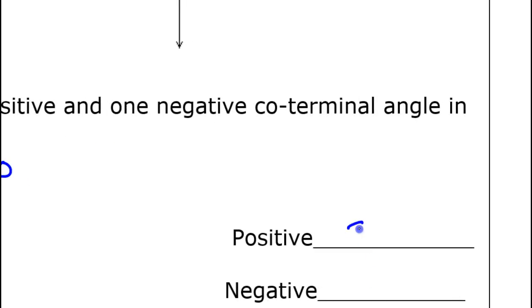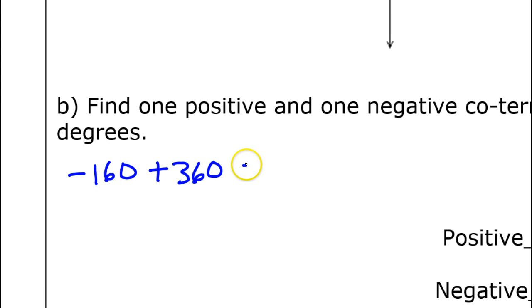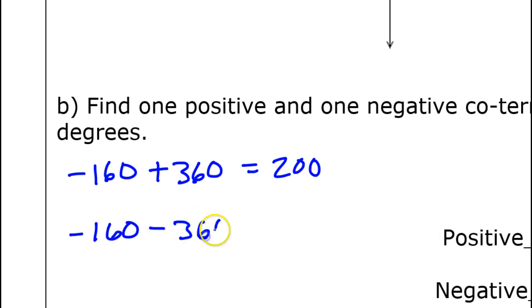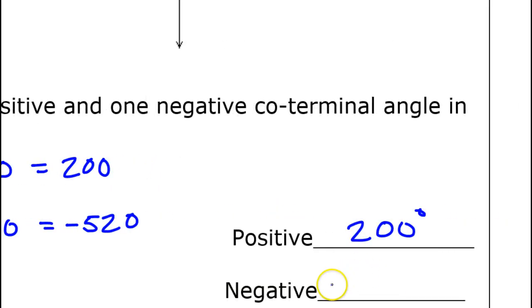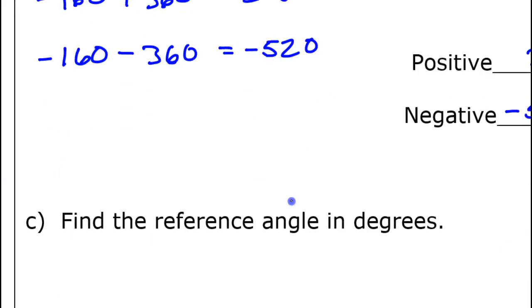So that is positive 200 degrees. On the other hand, if I do negative 160 minus 360, that'll give me a negative coterminal angle. So that is negative 520 degrees. Okay, so that was pretty easy.